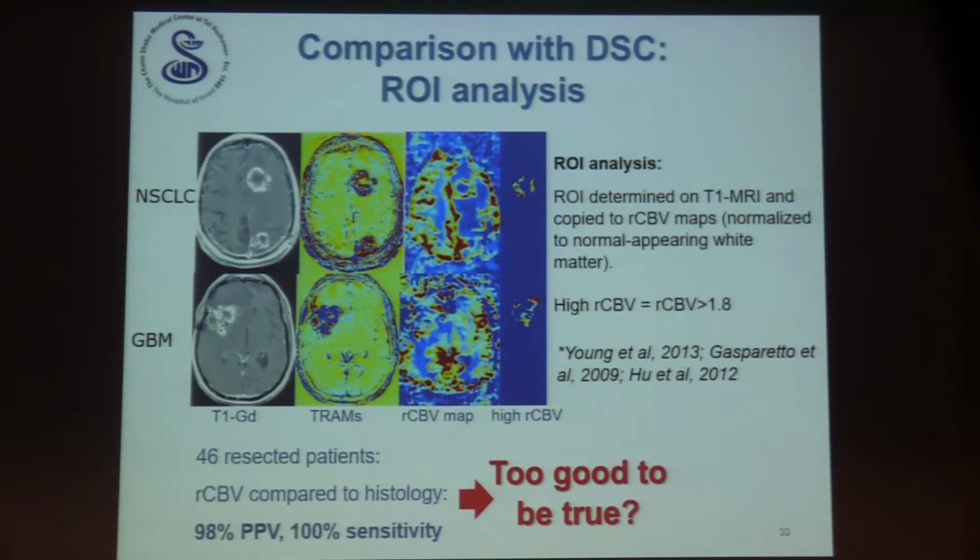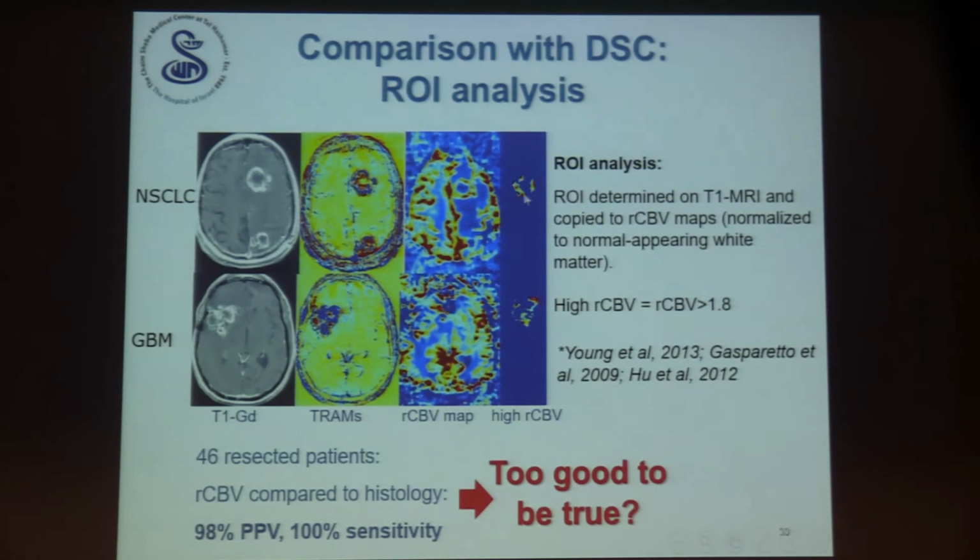So they asked that we do a numerical comparison with DSC. We had the calculated rCBV, just calculated on the GE console standard software, and we did some ROI analysis. We had 46 patients that had the trams, the rCBV and histology. We defined the enhancing region on the T1-weighted MRI and copied it to the trams and to the rCBV maps.